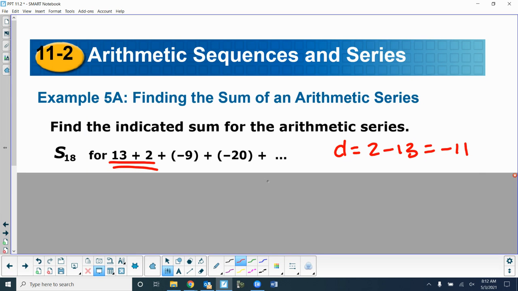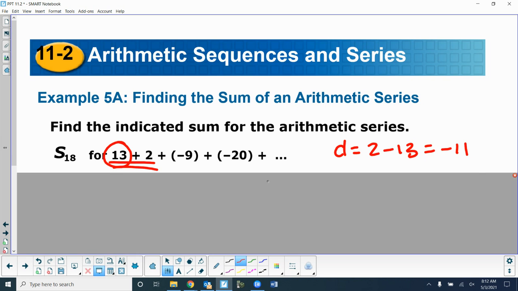So you need to find the 18th term. We know the first term. We got to find the 18th term. Now, if you want, you can just keep going: 13 plus 2 plus negative 9 plus negative 20 plus negative 31, and go all 18 in your calculator if you want.